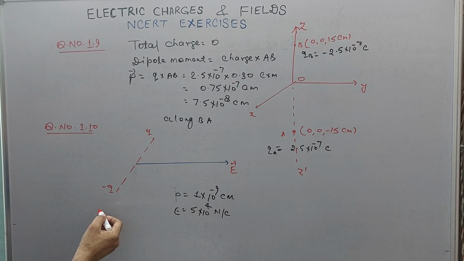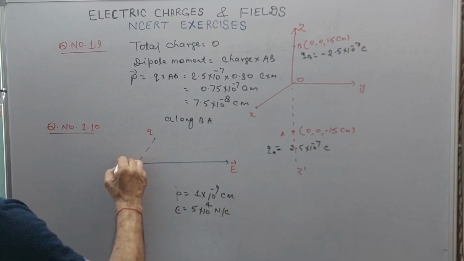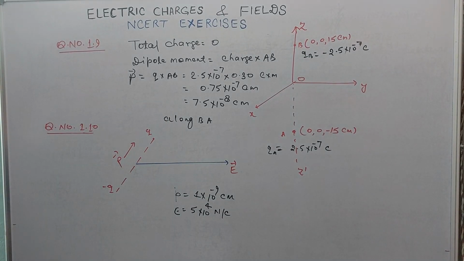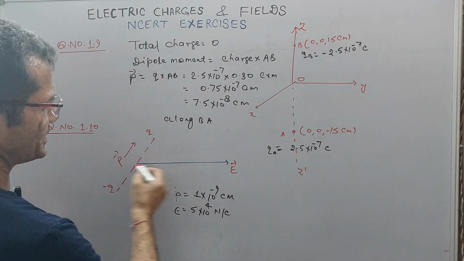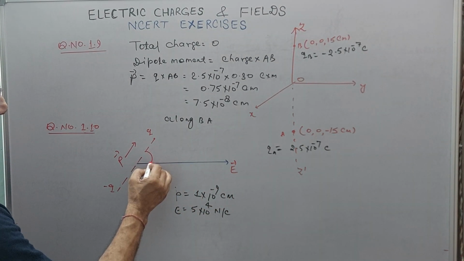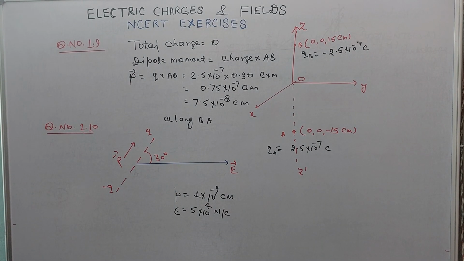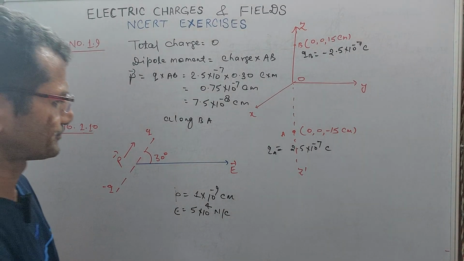The dipole moment along this is P, which is given. That dipole moment has the direction from negative charge to positive charge. It makes an angle of 30 degree with the direction of the electric field. So we need the torque. What is the torque acting on this?